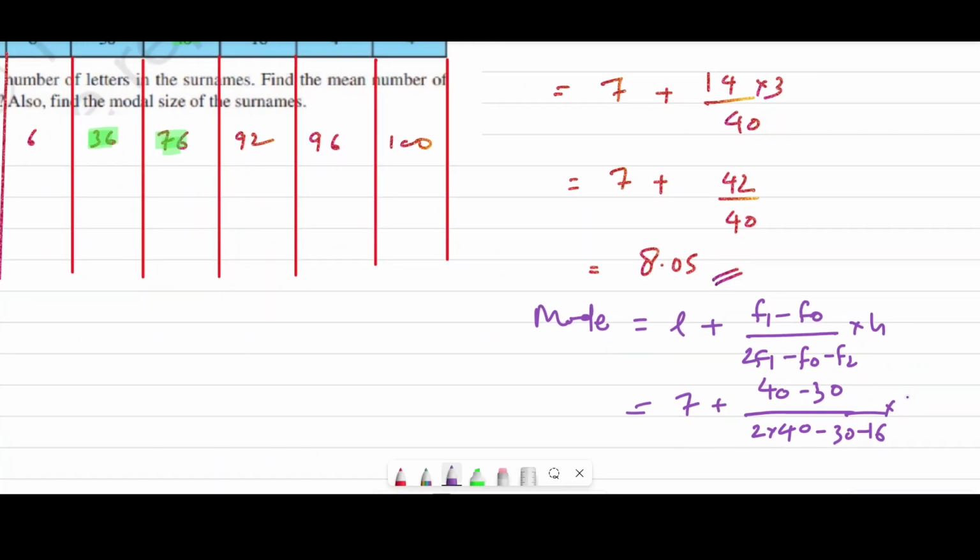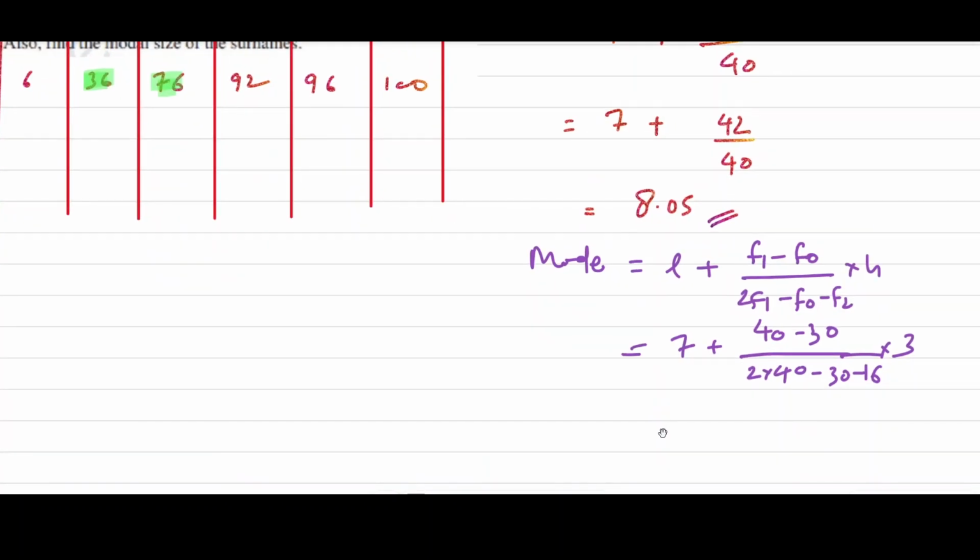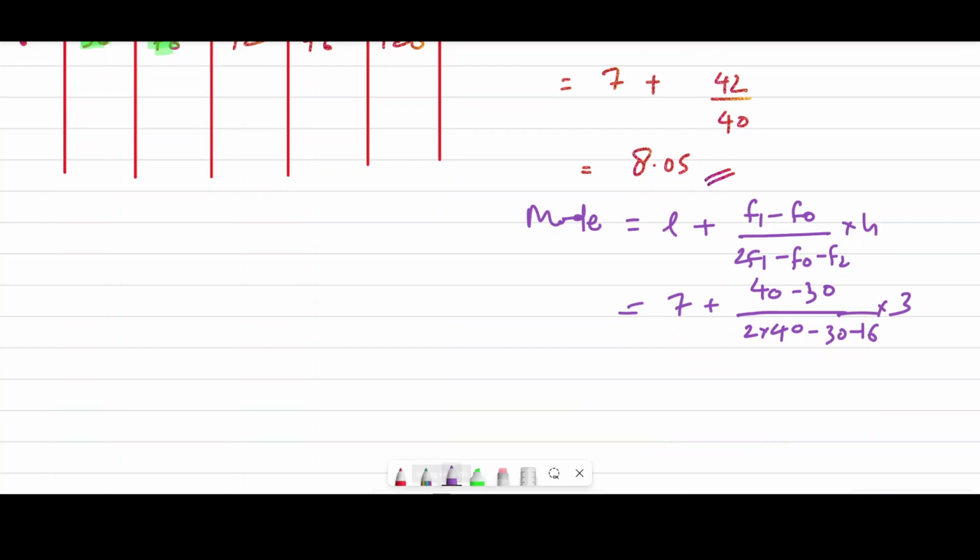H is the class length, which is 3. Now calculate this: 7 plus 40 minus 30, that means 10, into 3, over 80 minus 46.